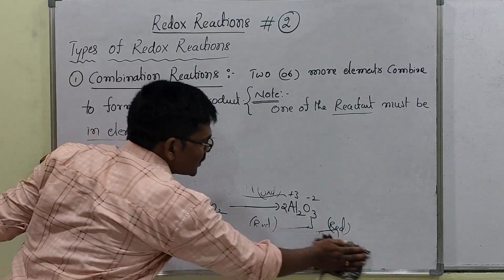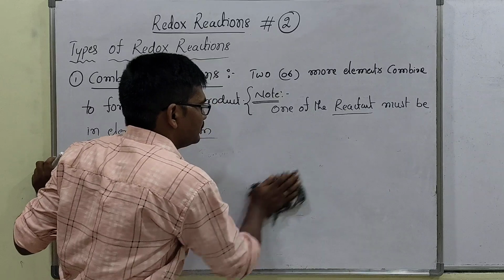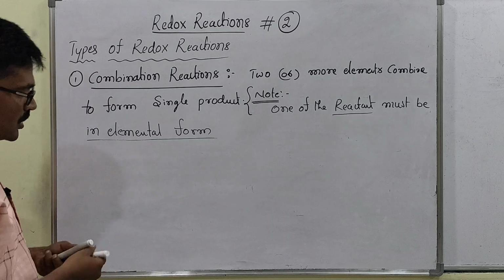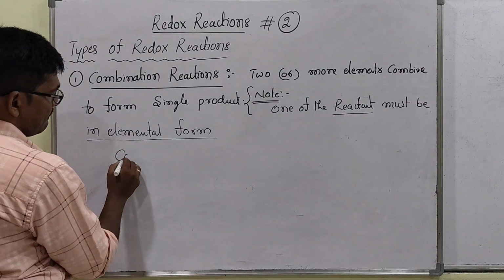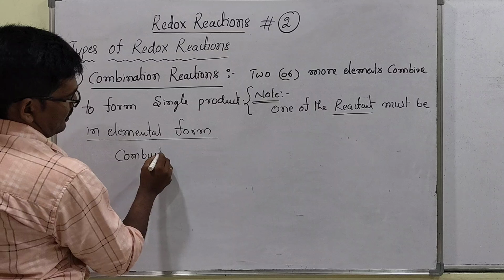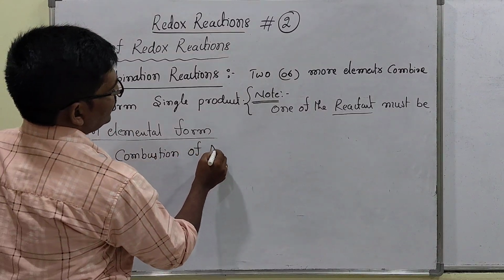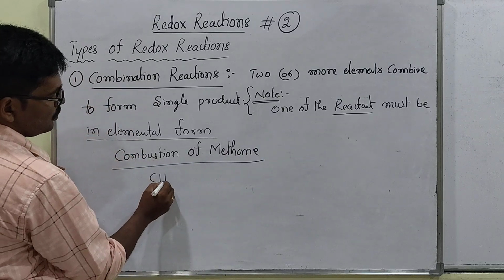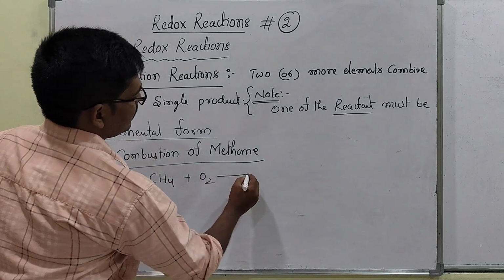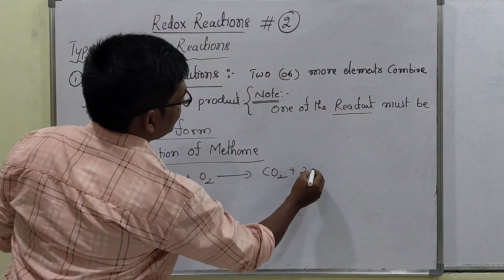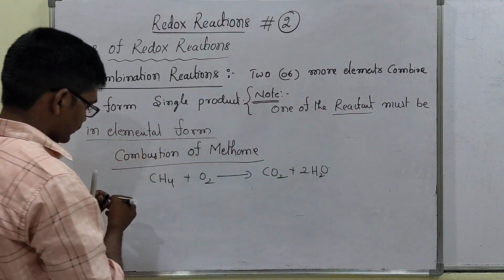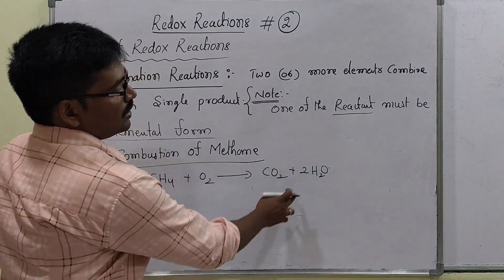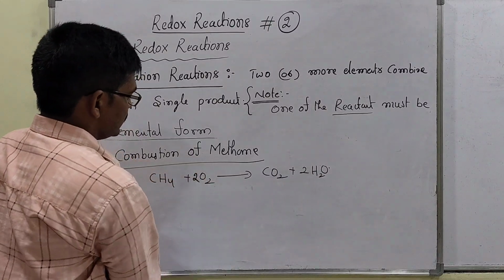So look, my dear students, combustion of methane. Methane, CH4, when it reacts with oxygen, we know that CO2 plus 2 moles of H2O are formed. Clear? If you balance that equation, here 2 O2, giving 4 oxygens.